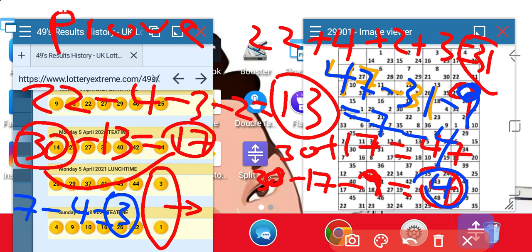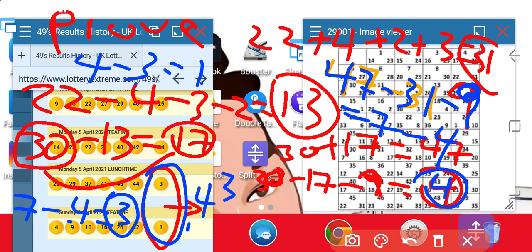Now we know that one of the bonuses was 3. We just say 4 minus 3, it gave us 1. And when we add that 3 and 1, it gave us the sum of these bonuses, which is 4. That is how we can get numbers.